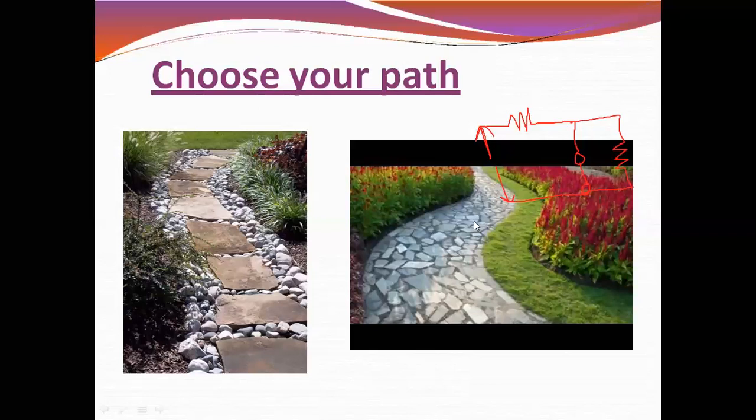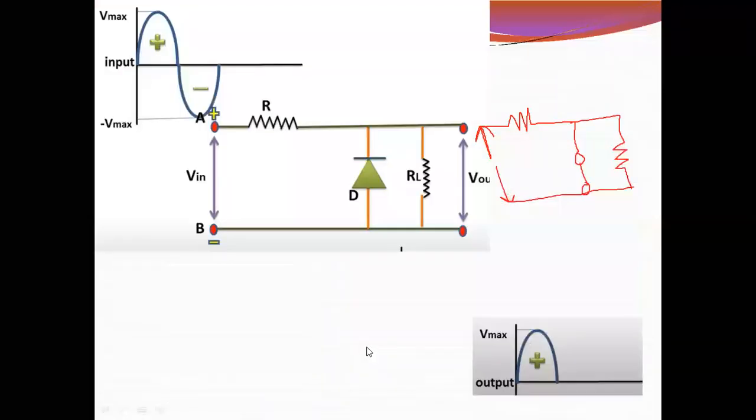Definitely you will choose this beautiful path, because it does not have any stones and allows you to walk peacefully without any obstacles. That means in this circuit also, the current will always choose the short circuit path.